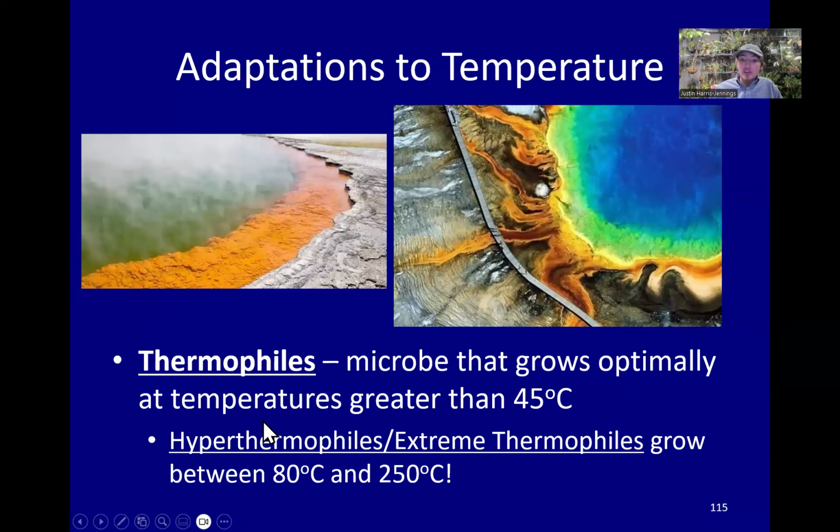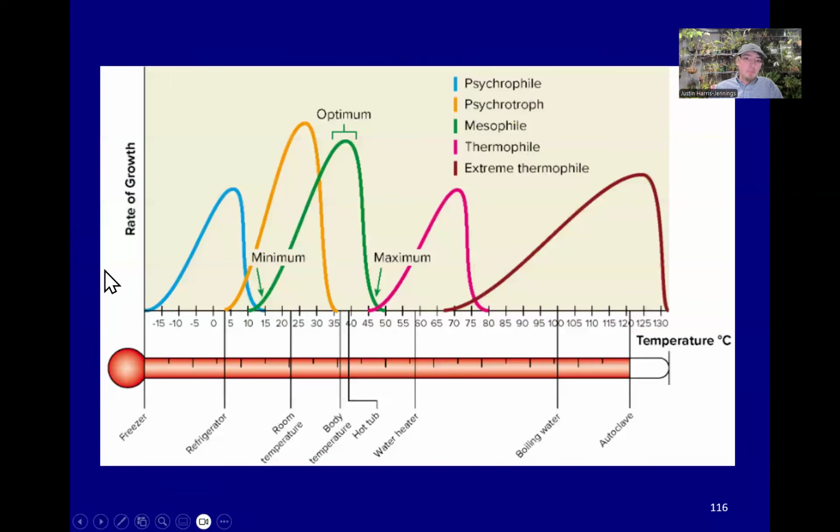Then you have thermophiles, which are going to be really hot and extreme temperatures. And you have extremophiles, which are even more so. And so you can see how psychrophiles have this low temperature preference where extremophiles have this high temperature preference.